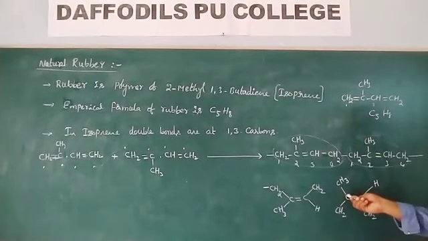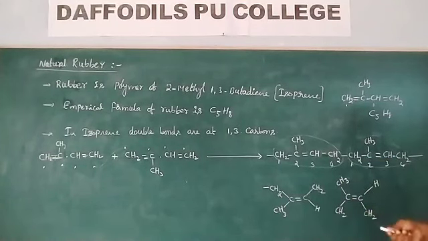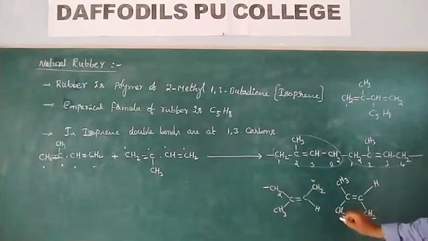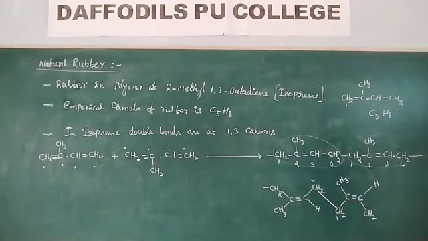C to this CH3, CH2. Double bond, CH, single bond, CH2, CH single bond, CH2. Now here what happens? This is the fourth carbon. This is the first carbon of another isoprene. So these CH2 groups are going to connect.